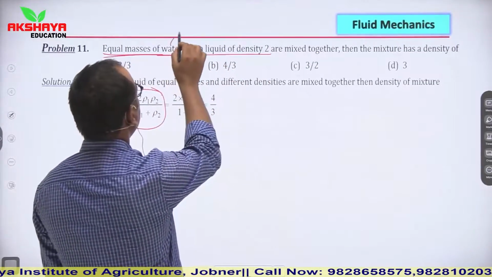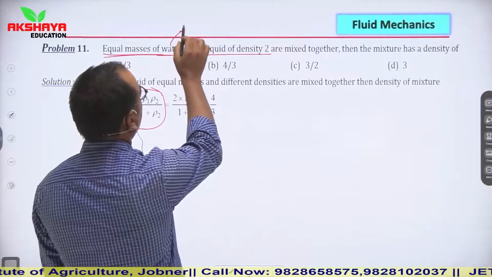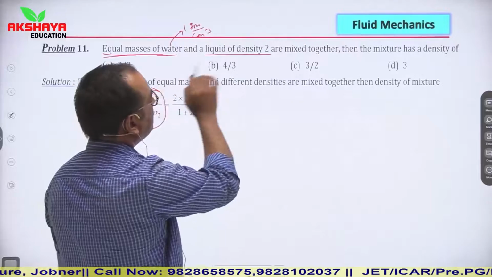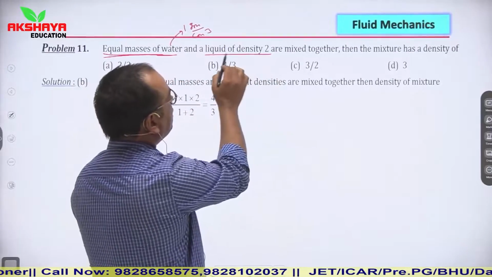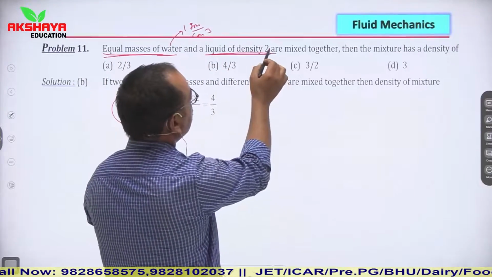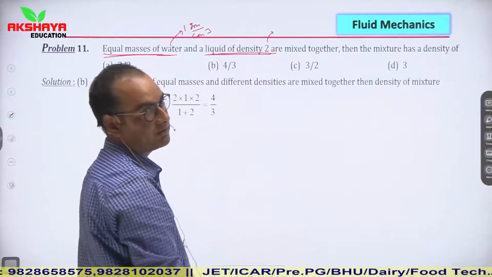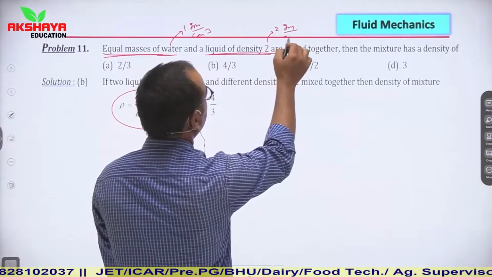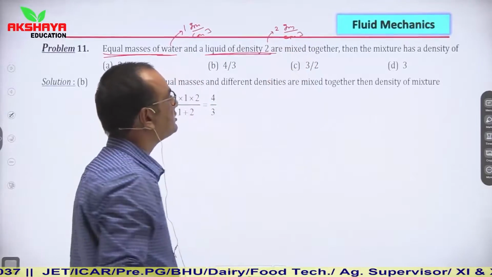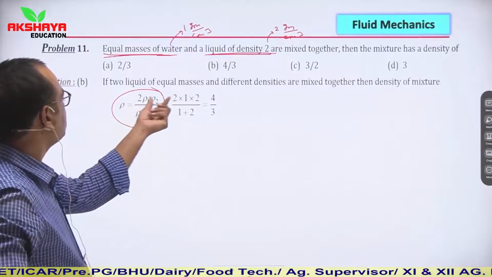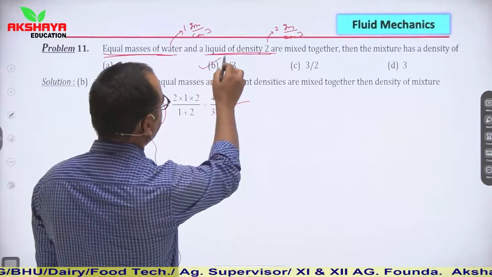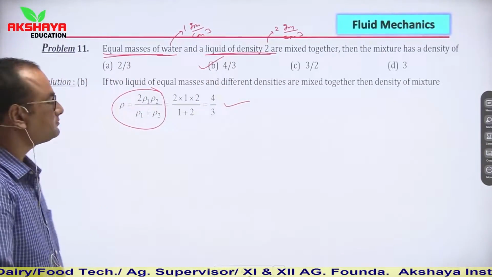We know that density of water is 1 gram per centimeter cube. We are not given its unit here, so we are considering it in CGS. So it is 2 gram per centimeter cube. These are mixed together. So we can say 2 into 2, 4 upon 3, 4 by 3. So our correct answer is 4 by 3.